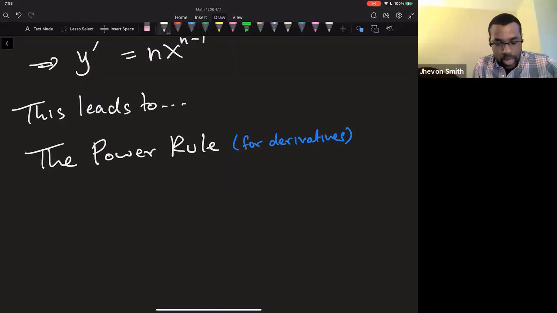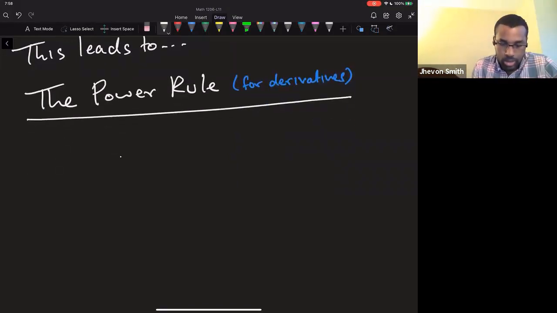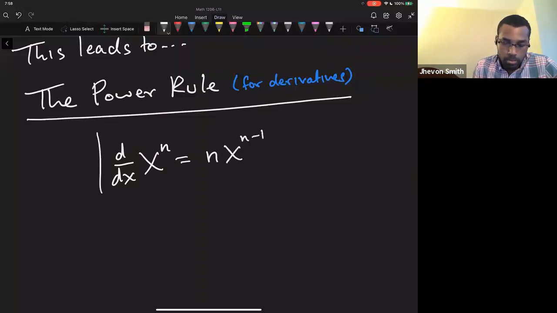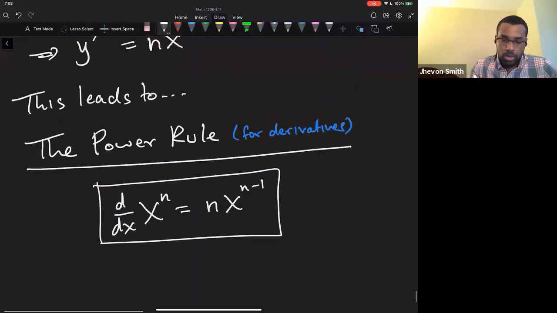So normally when anyone says the power rule, they usually mean the derivative version. I don't know of anyone who calls it the power rule if they're using the integration version; they'll say it out loud. Oh, the power rule for integration. But if someone just says power rule, they're talking about this guy. The power rule is this. Derivative of x to the n is nx to the n minus 1. That's the power rule. So yeah, that's something that we know now, remember.